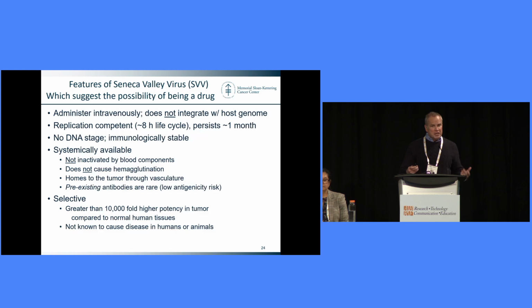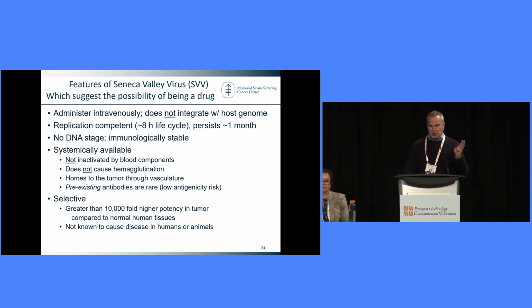So could you really make Seneca Valley virus into a drug? Well, number one, if you give it IV, it doesn't integrate with the host genome. It has a replication competent life cycle, about 8 hours, and it persists in the human body for about a month. It has no DNA stage. It's immunologically stable. And it's not inactivated by blood components, nor does it cause hemagglutination.